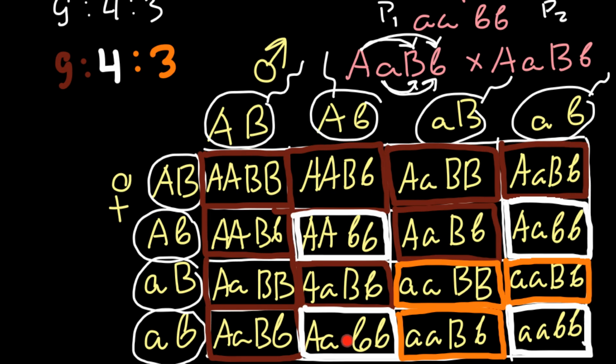Then in the progeny we can find the following ratios of phenotypes.